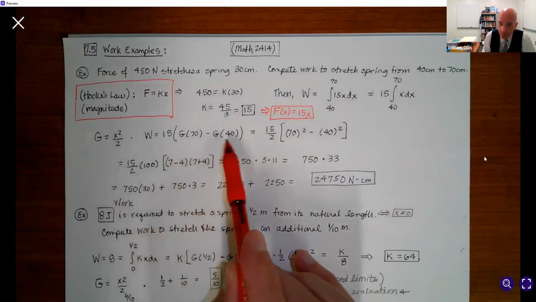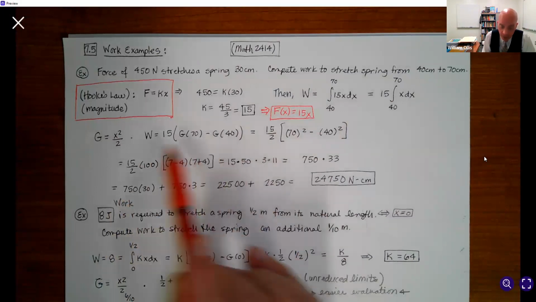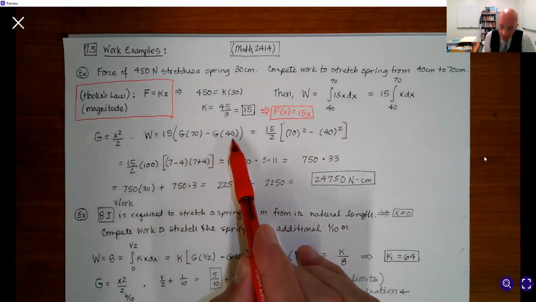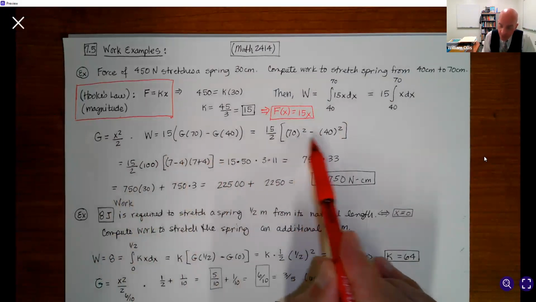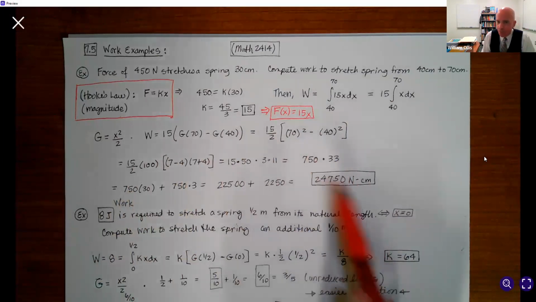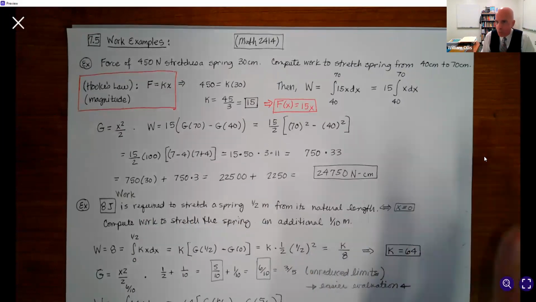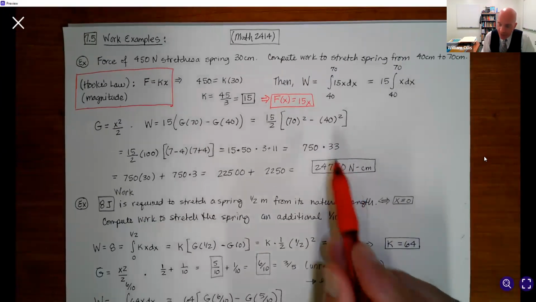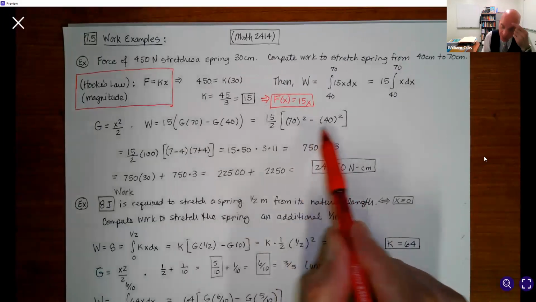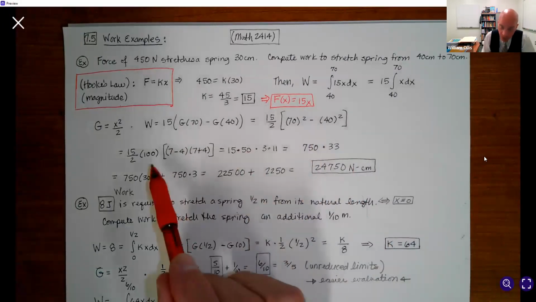We'll have a G of 70 and a G of 40. Well, if you like, you can go ahead and factor the 2 here because it's common to both. And then we just have a 70 squared minus a 40 squared. Now, of course, that's just a difference of 2 squares, which we have to worry about in a very number theoretic way. So notice when we square the 70 and the 40, we get 100 in each case.